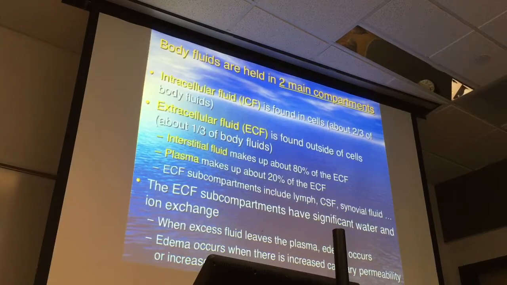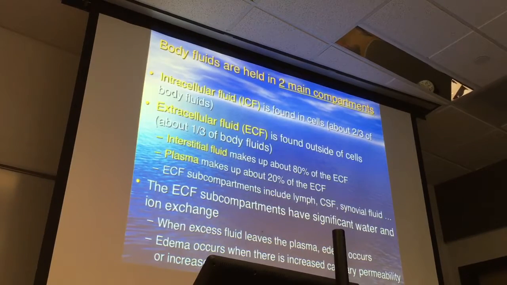There are other subcompartments of extracellular fluid, but they're very small. Lymph, cerebrospinal fluid, synovial fluid, the endolymph in your inner ear, the perilymph in your inner ear, aqueous humor, and the vitreous humor in your eye.